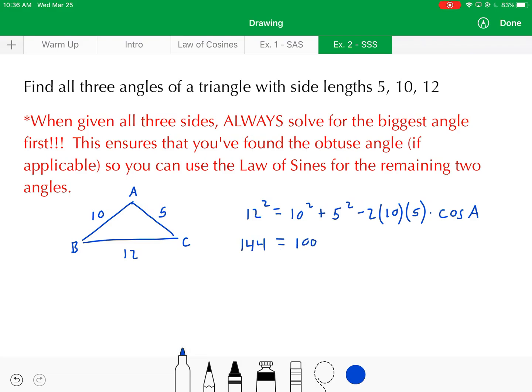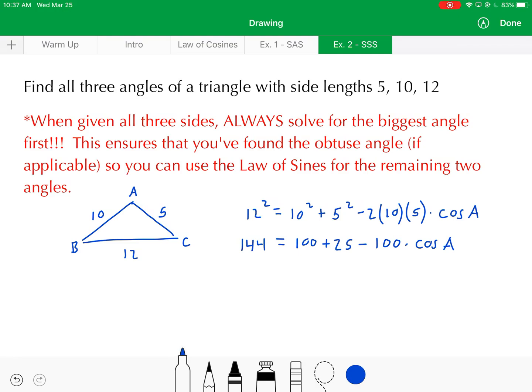12 squared is 144, 100, 25, 2 times 10 times 5 would be 100. Okay, so you subtract the 100 over and the 25 over. 144 minus 100 is, of course, 44.